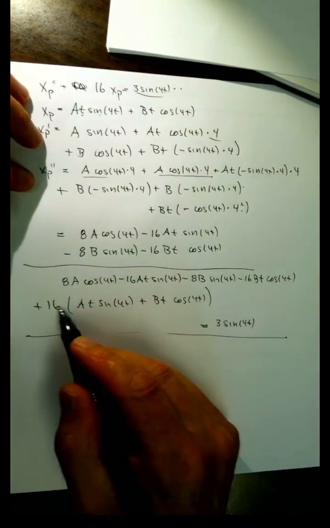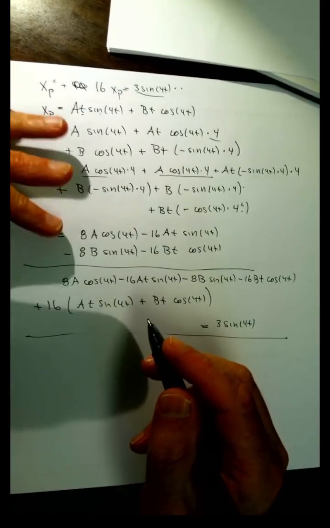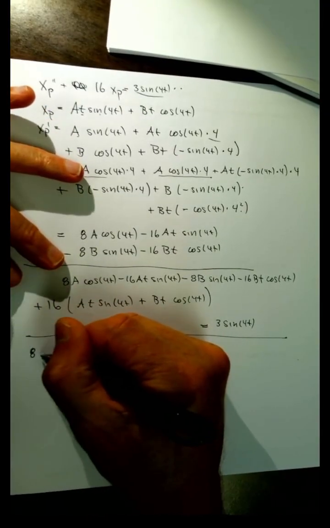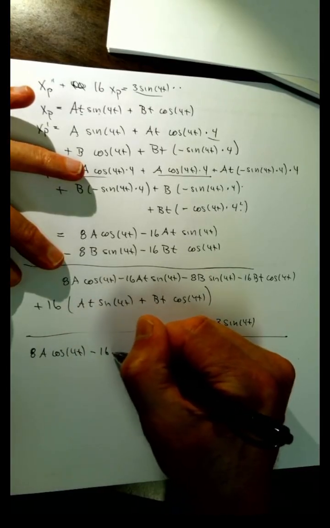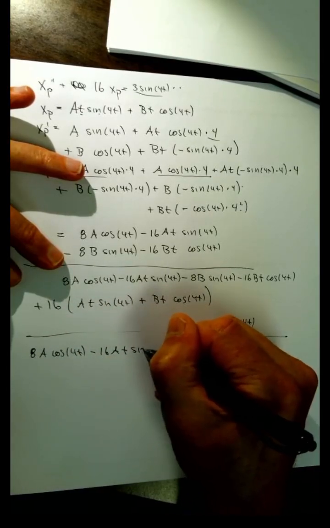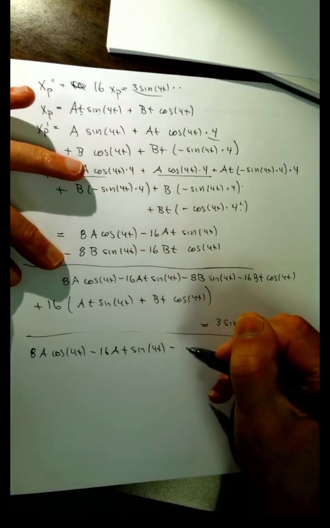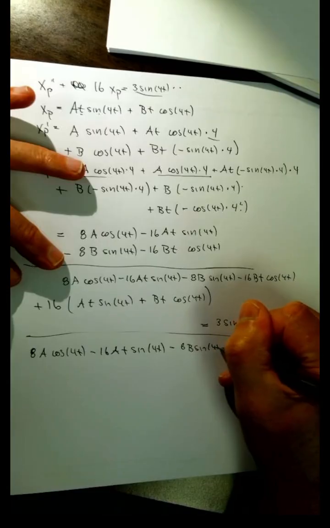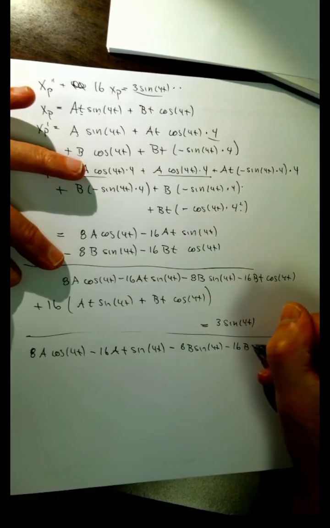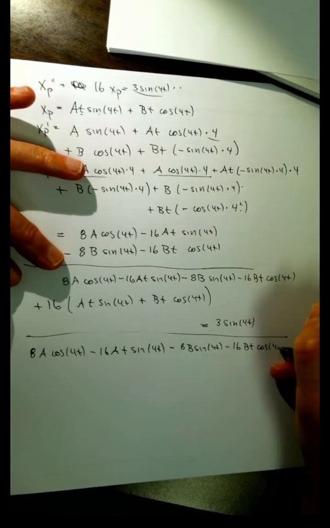All right, I'm going to multiply this 16 through. So I get 8a cosine 4t minus 16 at sine of 4t minus 8b sine of 4t minus 16 bt cosine of 4t.